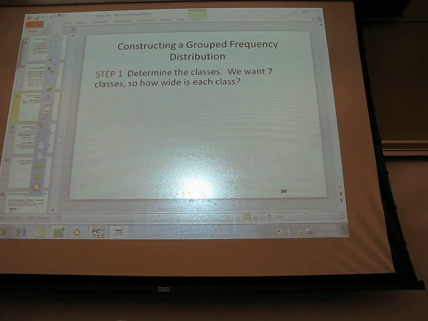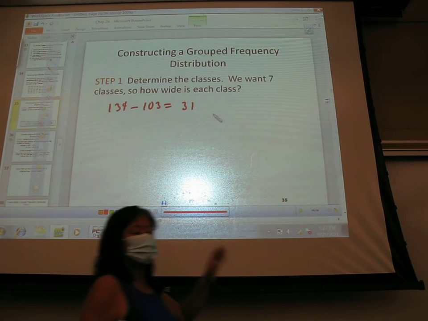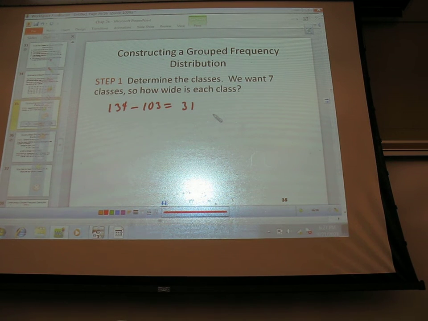So first, determine classes. We want 7 classes. So how wide is each class? Well, let's take a look at my range. My range here is 134 minus 103. I have 31. Okay, so 31 is more than 25, right?